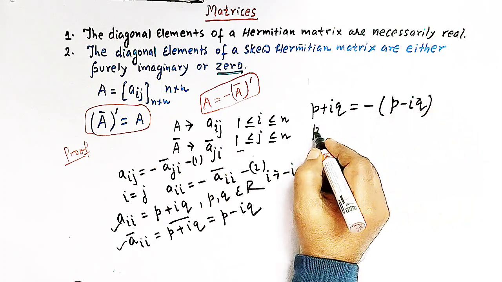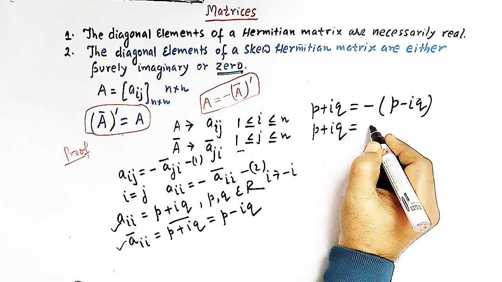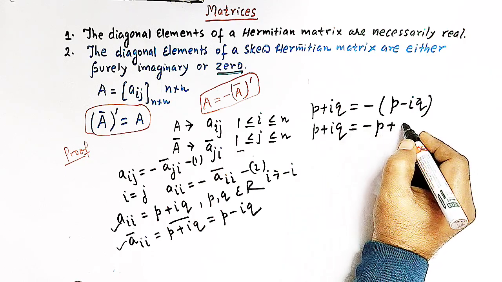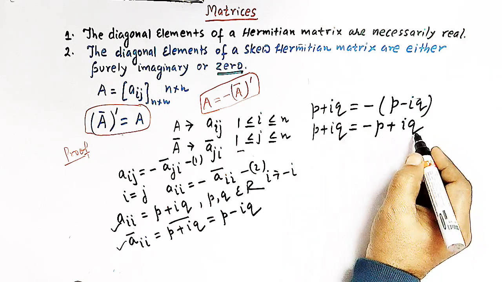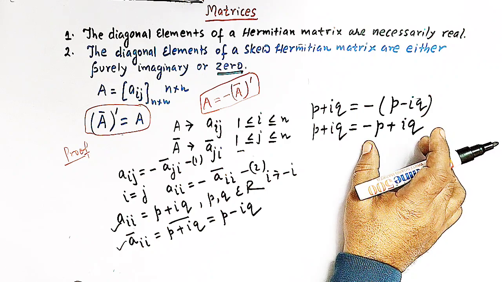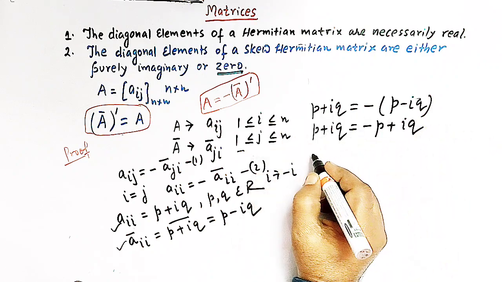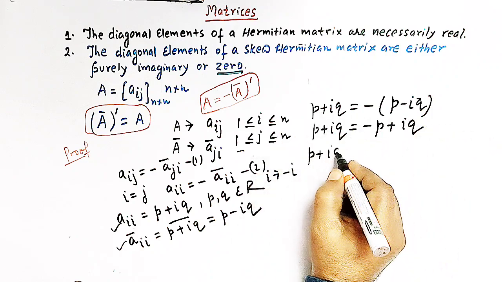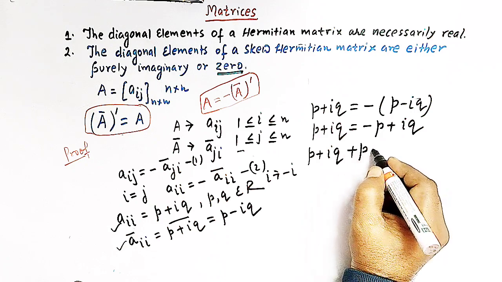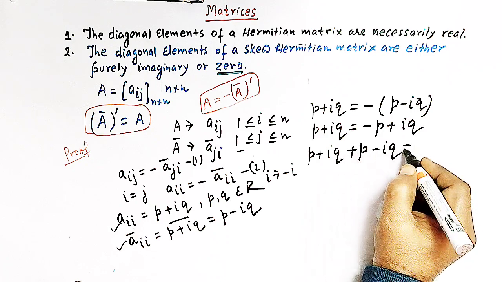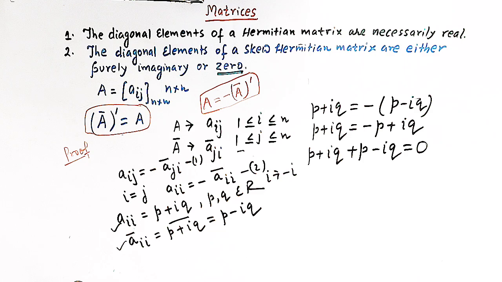So let us solve this equation. So we have here minus p plus iq, right? So taking these quantities to the left hand side, we have p plus iq plus p minus iq is equal to 0, right?